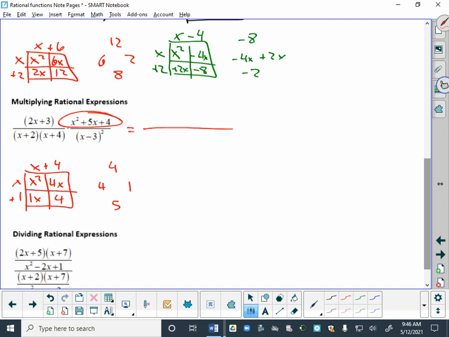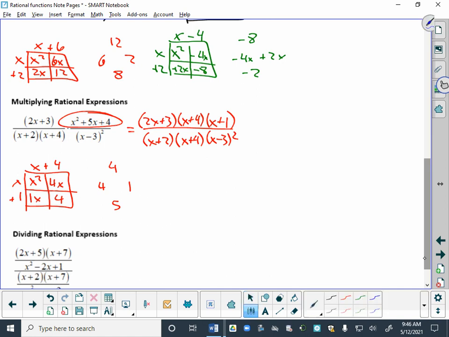So this would be a plus 4 and a plus 1. So if we string the stuff across the top, we've got the 2x plus 3, we have an x plus 4, we have an x plus 1, all in the numerator. In the denominator, we have an x plus 2 and an x plus 4 and an x minus 3 squared.